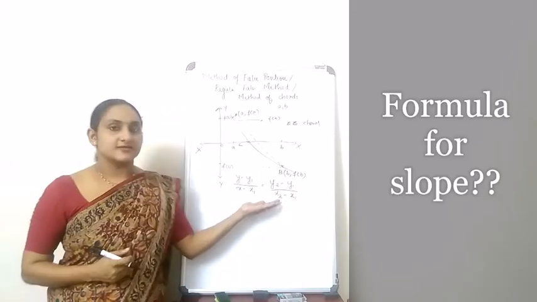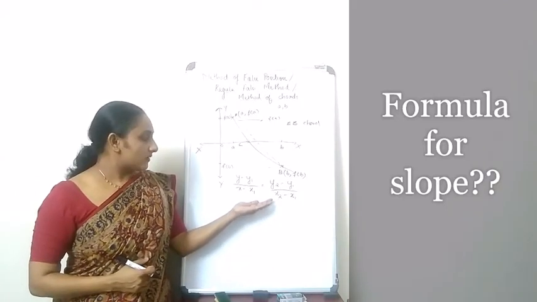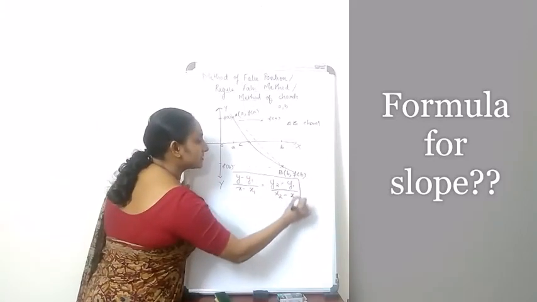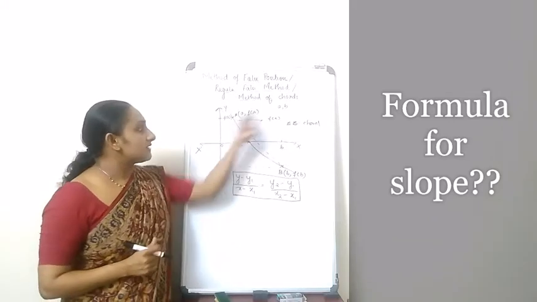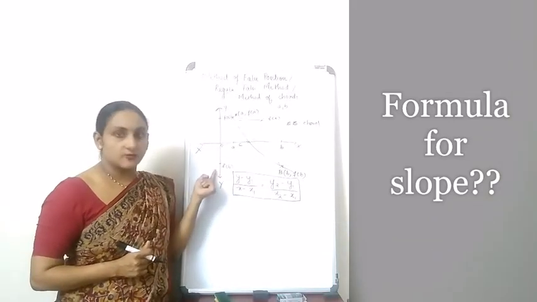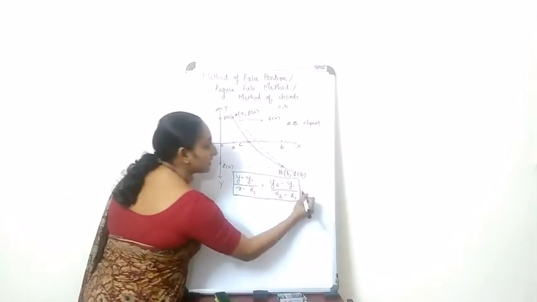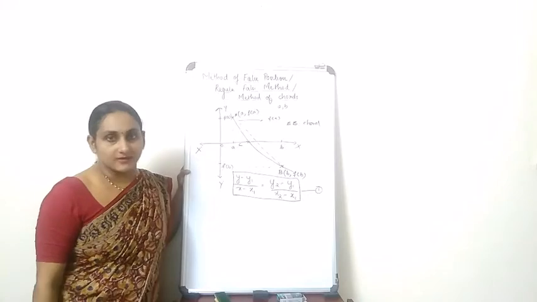Now this is a general formula. What we are going to do is substitute the values given in this diagram into this equation. Let's give this equation a number. Let this be equation number 1.